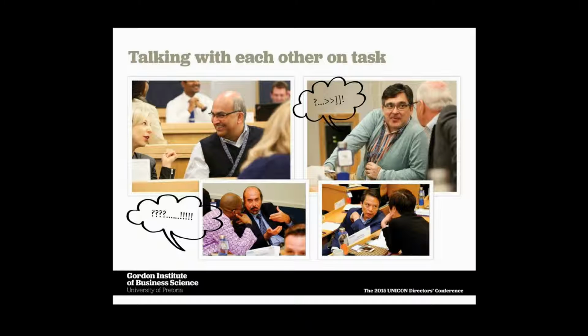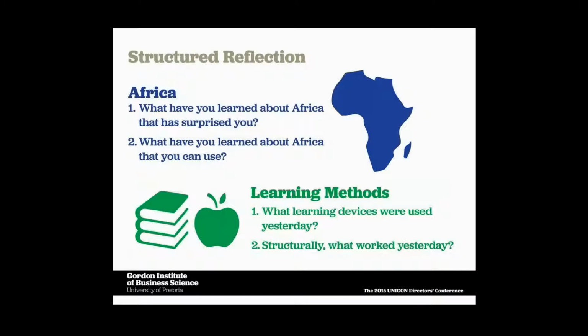So to build on this talking-to-task theme, one of the devices we used was structured reflection, and on the screen you're seeing two examples of very simple structured reflection that we built. If one of the outcomes was to learn more about Africa as an example of an African market, we crafted a few activities which helped the delegates to answer the questions: what have you learned about Africa that has surprised you, for example, or what have you learned about Africa that you can use?